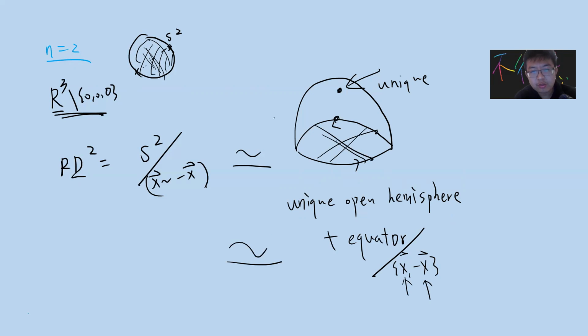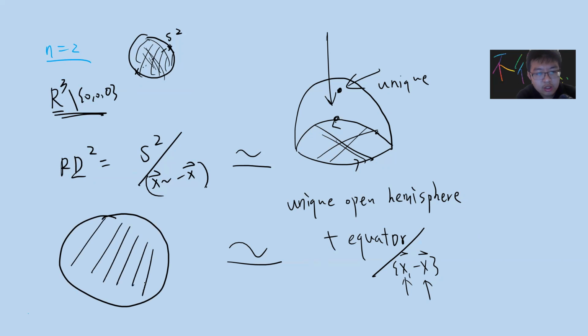And so the third way, which is usually famous, is that you pull out this, you crush this hemisphere, so you get this. Okay, so this is our famous RP2. Like you get an open disk. So each point in the disk is unique. Okay, but the boundary, which is a circle, is identified with its antipodal. Right?